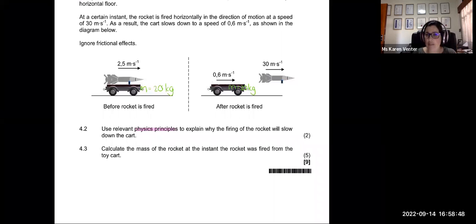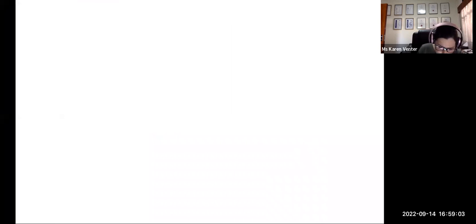Also, I have the speed at which the rocket is traveling with the cart before the time, but I also have the speed of both the cart and the rocket after the rocket has been fired. So when I do my calculation, first things first, I am going to choose a direction as positive, and I'm going to choose to the right as positive.